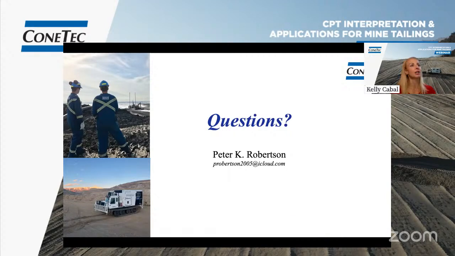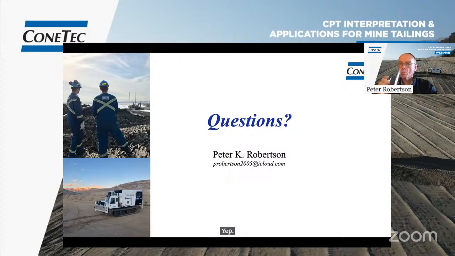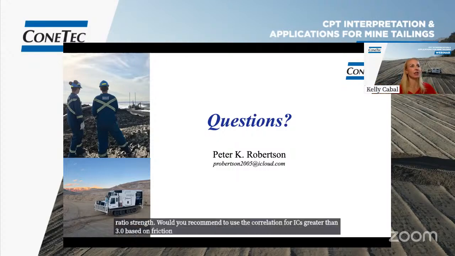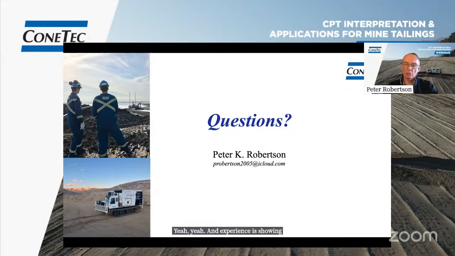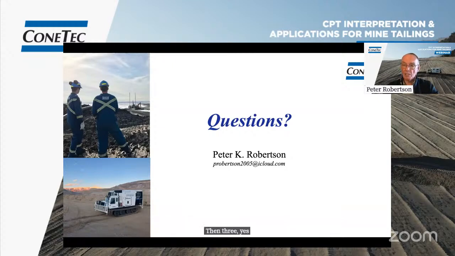Okay, next question. Regarding your 2021 correlation to estimate a large strain ratio strength, would you recommend to use the correlation for Ic greater than 3.0 based on friction ratio, even in tailings with low t50 values and partially drained conditions? Yeah. Experience is showing that when you get into these silt tailings that plot low down on the chart with Ic greater than 3, it's quite common that you get t50s of around 30 seconds or so, which would indicate partial drainage is a problem.